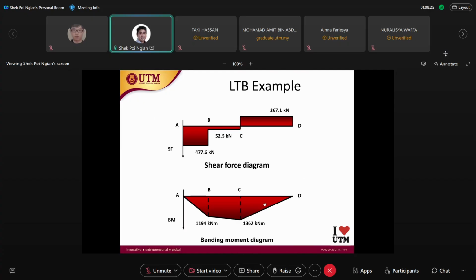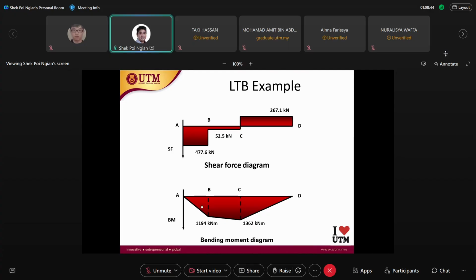After we analyze, we get our shear force diagram and bending moment diagram. For each segment, we have our shear force and bending moment.